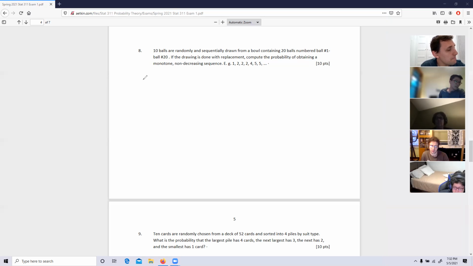So we can say something like a summation in the numerator, where k equals 0 all the way to 9. Zero means no increases, and then I can have an increase after each term: first term, then increase, then increase, then increase, all the way to 9 terms. So k from 0 to 9 maximum increases.